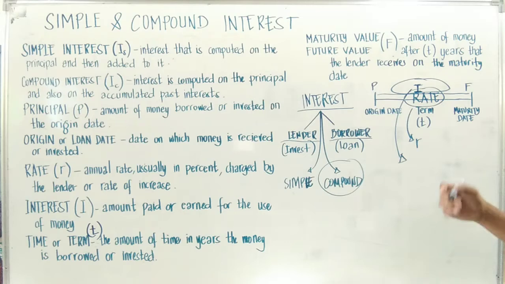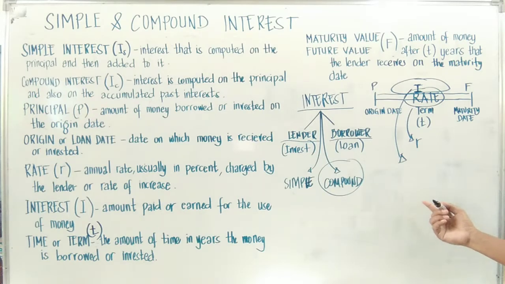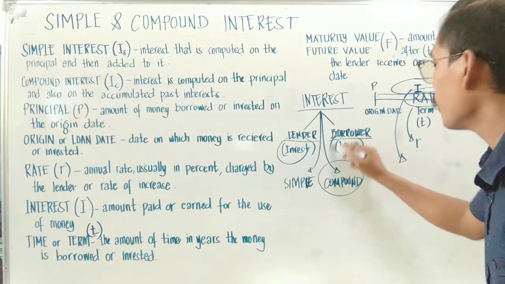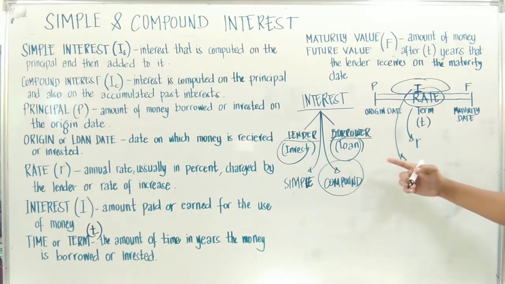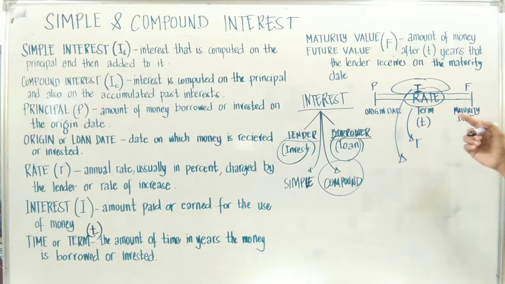But it depends on a certain institution and the contract that you will have to sign if you are investing or loaning a certain amount of money. Okay? So I guess that you are familiar and acquainted with these terms and how the process goes.